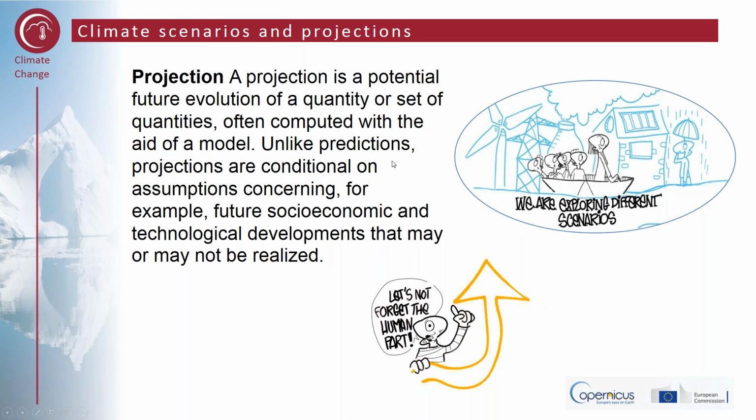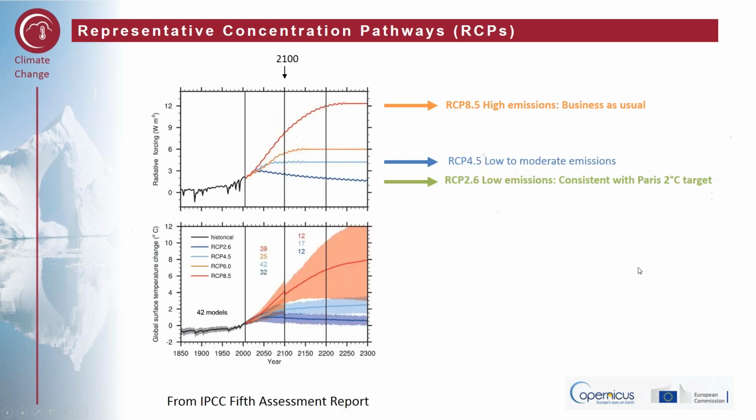And one major difference from predictions is that the projections are conditional on a number of assumptions that have to be made concerning, in particular, future socioeconomic and technological developments. So relating to the energy systems, energy policy, population, land use, and so on. So we're exploring a world of different possible scenarios, all of which might be equally possible.